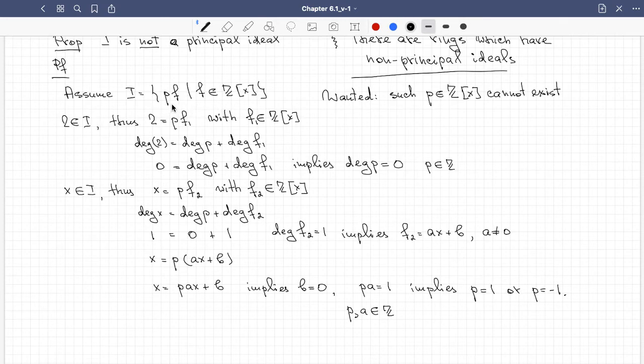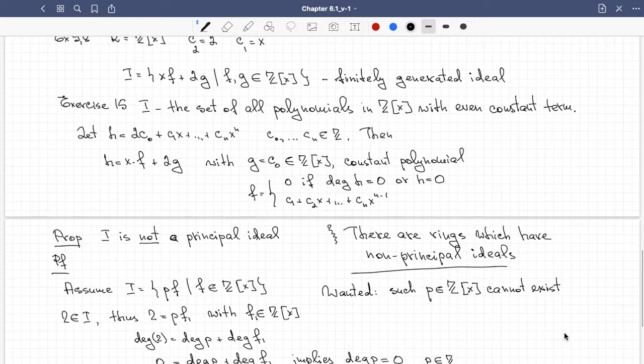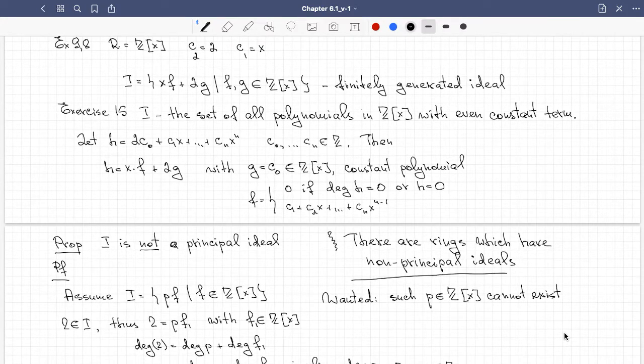If p is negative 1, these are negative all polynomials, so also all polynomials. So in either case, I is the whole ring. That would be okay, but we know that this ideal is not the whole ring.